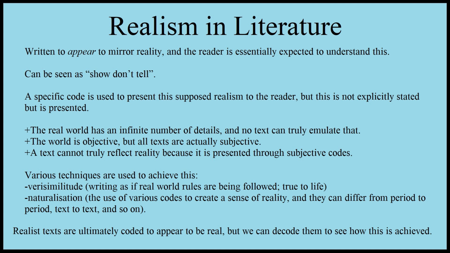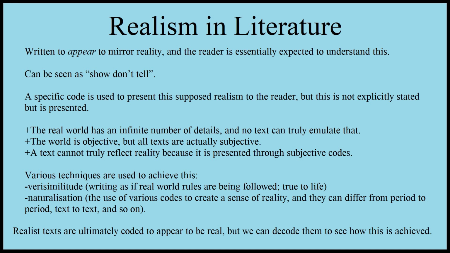So that is realist texts in a nutshell and in very basic terms. Obviously, you can look more deeply into this, but this has been a general overview of realist text if you need to write an essay about realism in texts and how it can be done. And also, remember that some texts can appear to be realistic but then undermine it.